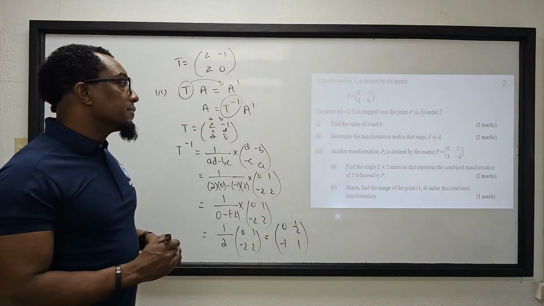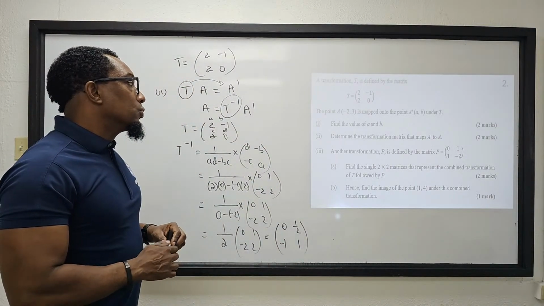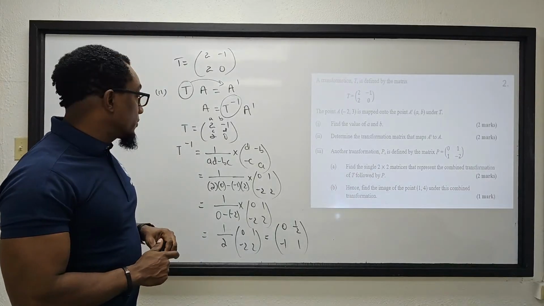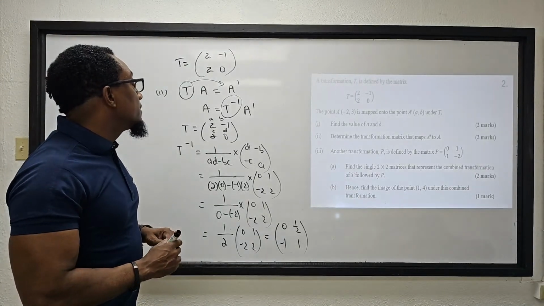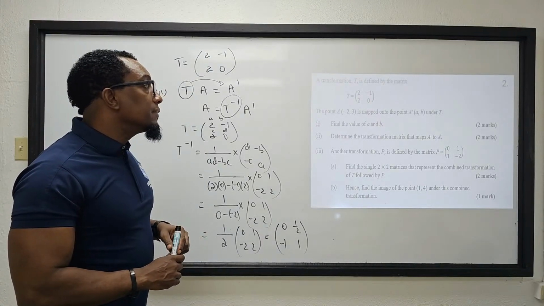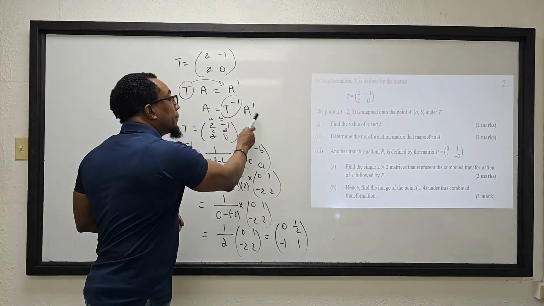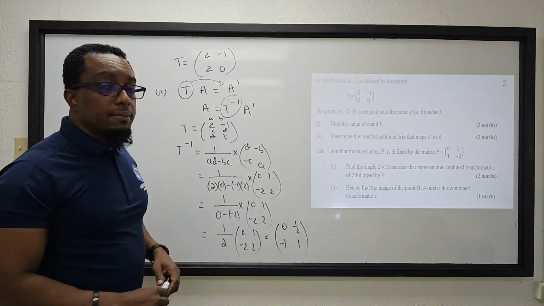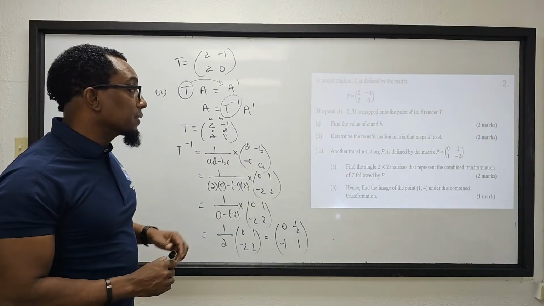So that there is the 2 by 2 matrix which represents the inverse of T, and the inverse of T helps us to map A prime onto A. So that is the inverse function, the inverse matrix.